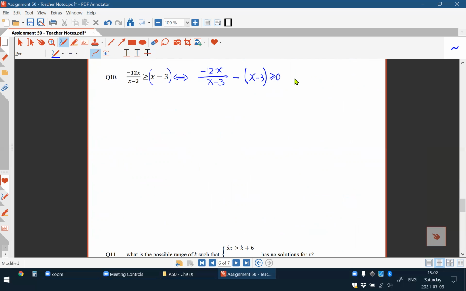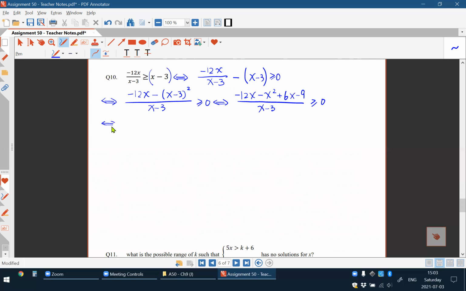We can then rewrite the expression using a common denominator, which is x minus 3 squared over x minus 3, greater than or equal to 0. This means you have minus 12x minus x squared plus 6x minus 9, greater than or equal to 0, right?